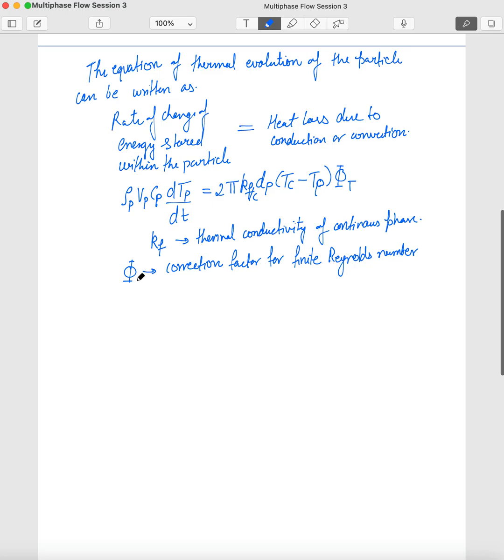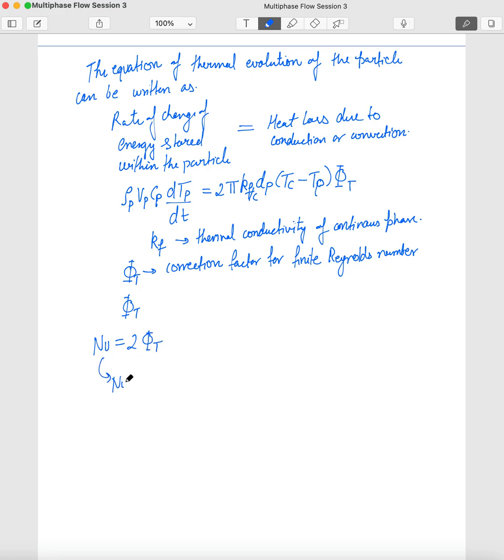So phi t can be explained based on the correlation, that is Nu is equal to twice phi t.